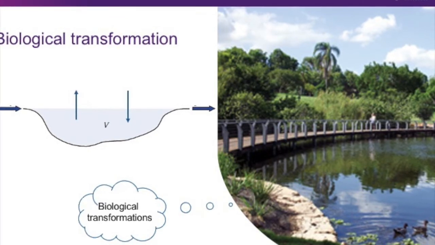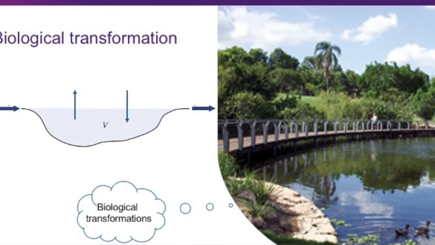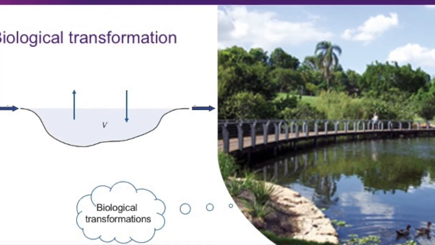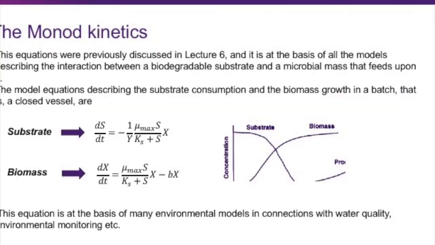For this, we're going to discuss more in detail microbial kinetics through the Monod equations. These equations were previously discussed in lecture number 5, and it is at the basis of all the models describing the interactions between a biodegradable substrate and a microbial mass that feeds upon it.